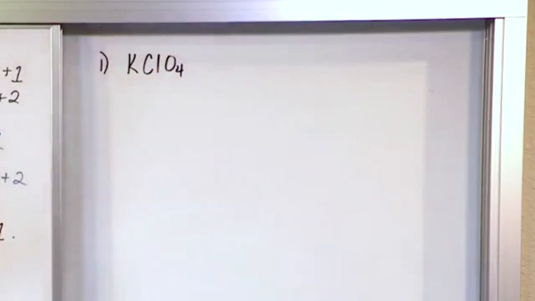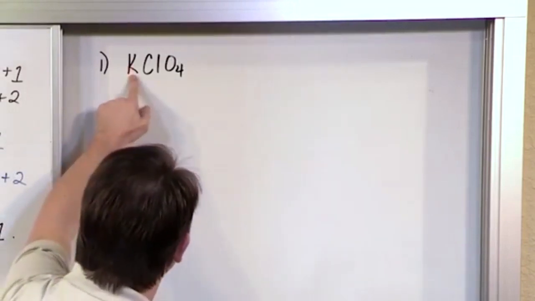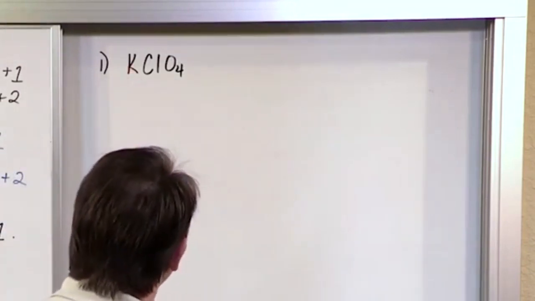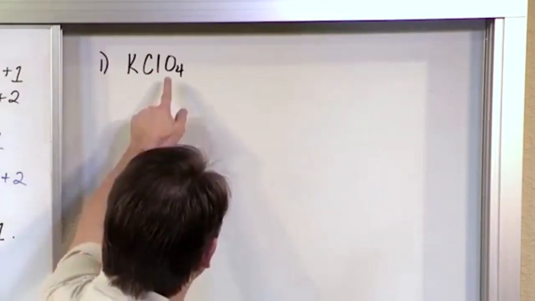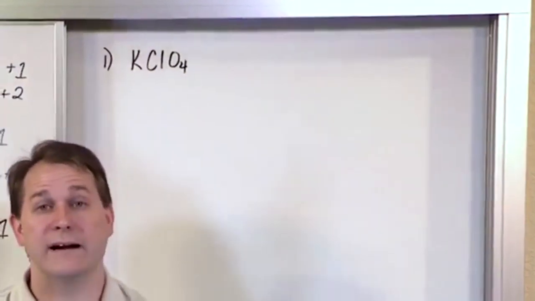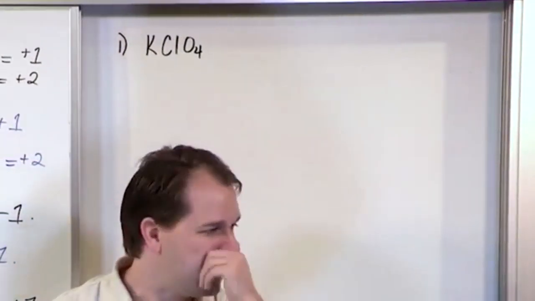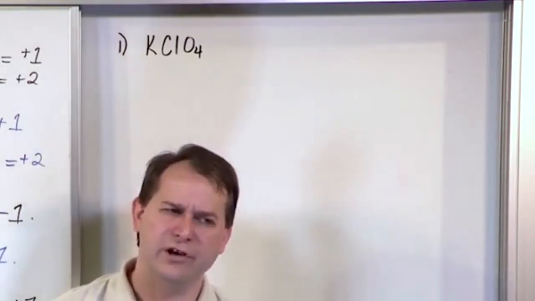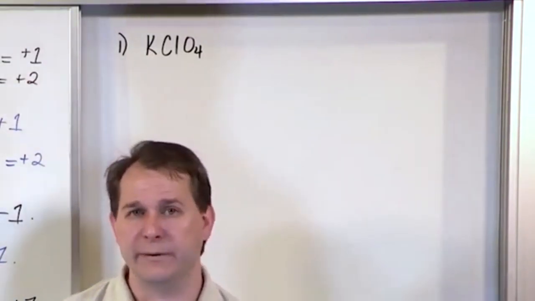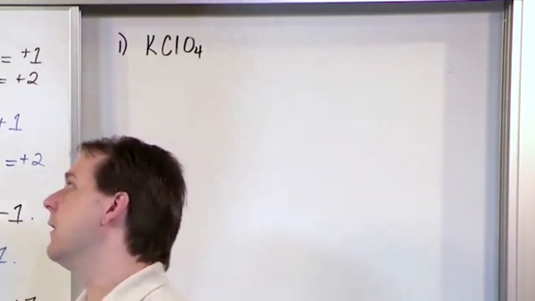And so, if you just look at it, if you look at the periodic table, you're going to say to yourself, okay, well, potassium likes to have charge of +1, chlorine likes to have a charge of -1, and oxygen likes to have a charge of -2. That's what we would typically say from everything we've learned up until this point. Some of those answers are going to be right, but one of them is not going to be right. So if you just go from your gut instinct, what you think should be, you're going to be wrong a lot of times. You have to use the method that we've outlined here.